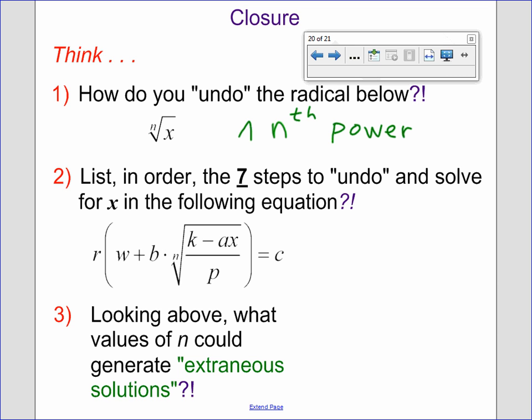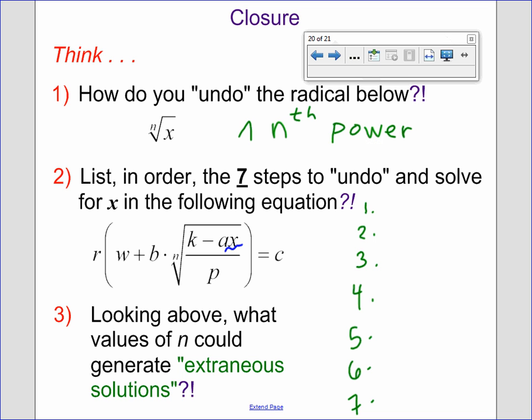Good job, thank you. Now we're going to list in order the 7 steps that would undo and solve for x in this equation. We've got a whole list, so let's see if we can do that. 1, 2, 3, 4, 5, 6, 7. I'm confident we can do it. Here we go. We want to solve for x.